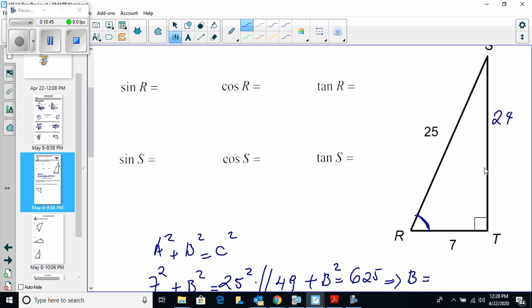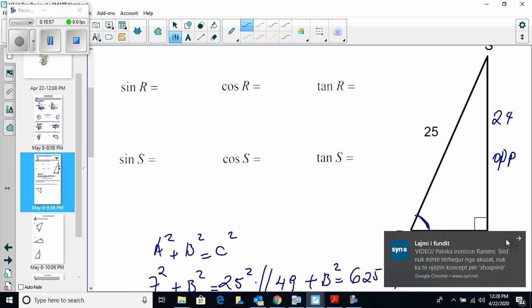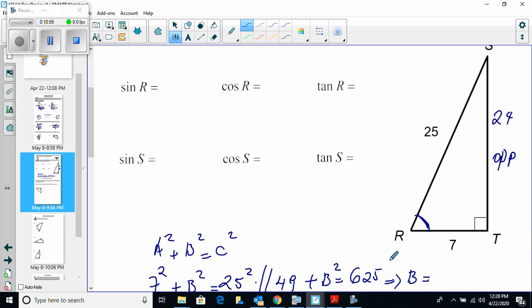Side ST is the opposite, and side RT is the adjacent. And of course, the hypotenuse, as we said, doesn't change on a specific right angle triangle. It's always 25.